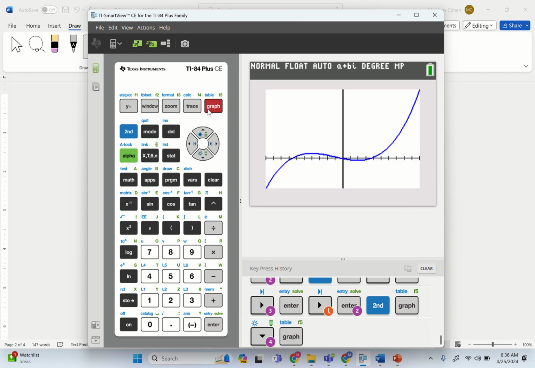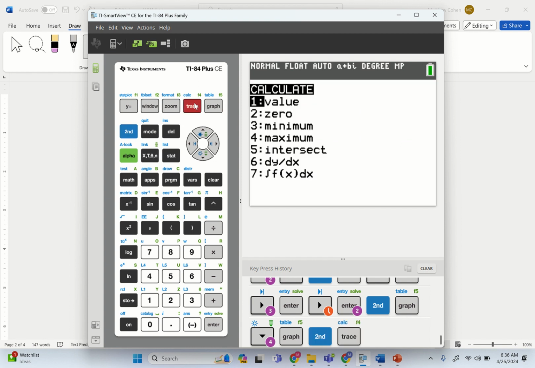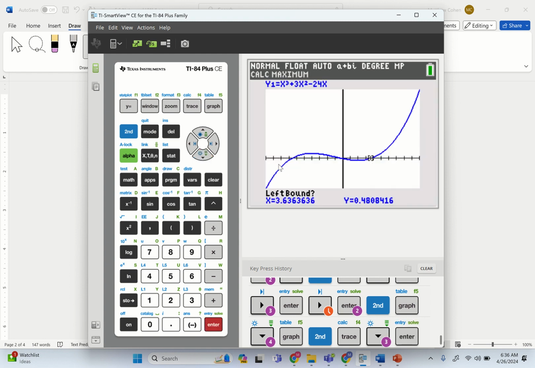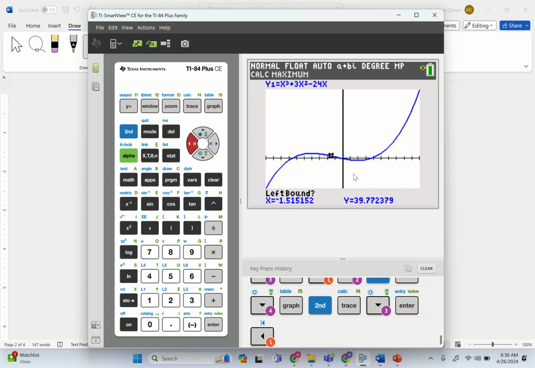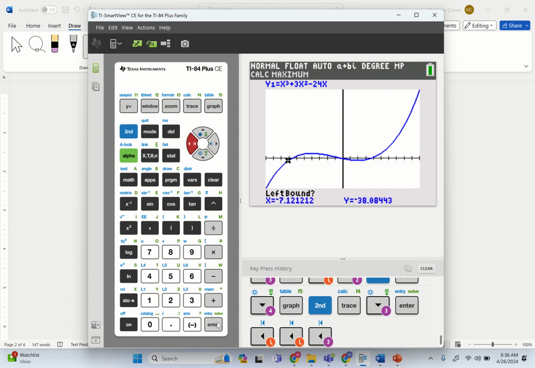All right, the last thing we're going to look for are the relative minima and maxima. So if I go to second, trace, the first thing I'm going to look for is the maximum. And I know that there's a maximum right here because this is a peak. And it says left bound. So I just need to go to the left of the peak of this hill right here, somewhere to the left of it.